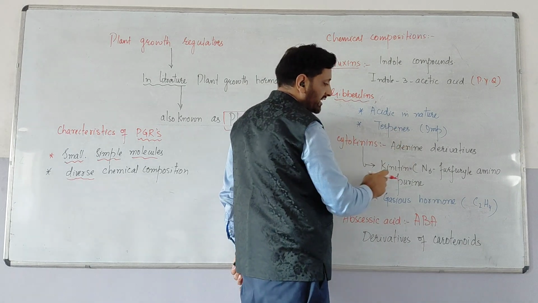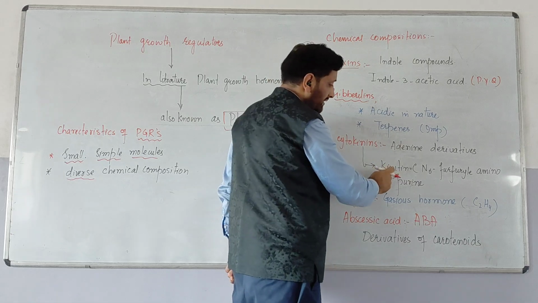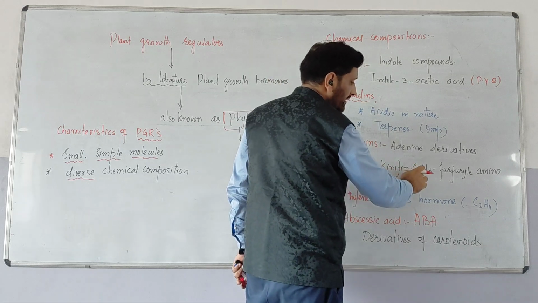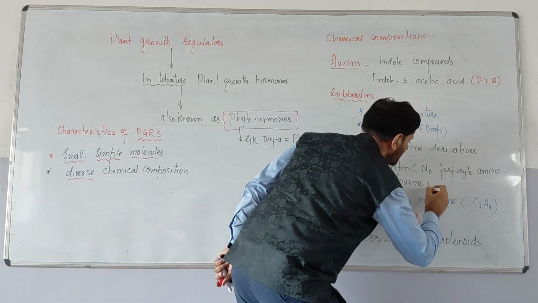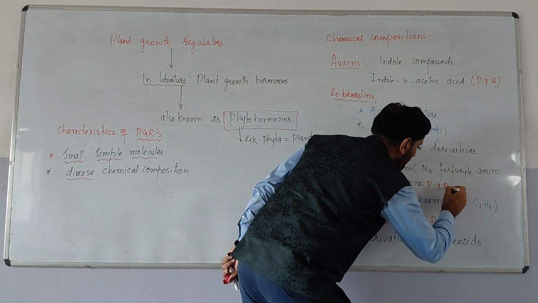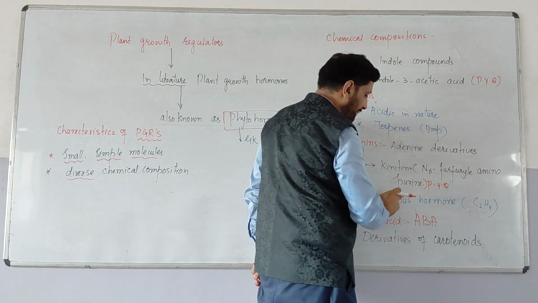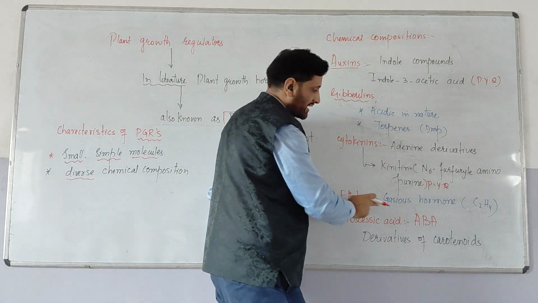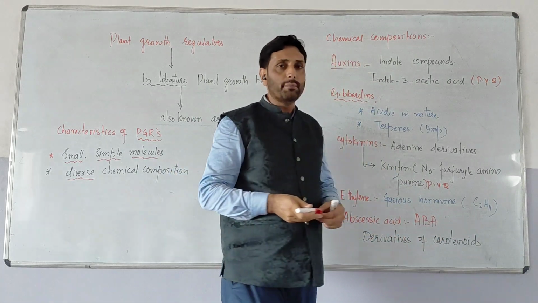Cytokinins are adenine derivatives. Kinetin was first discovered. Chemically it is N6-furfuryl aminopurine, and this is a PYQ. Ethylene is a gaseous hormone, C2H4, and abscisic acid is a derivative of carotenoids.